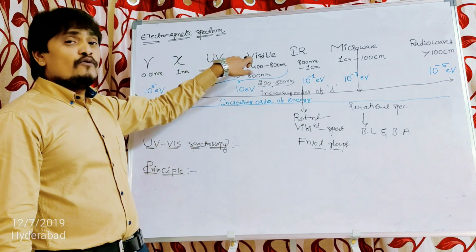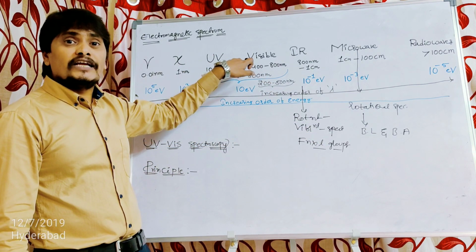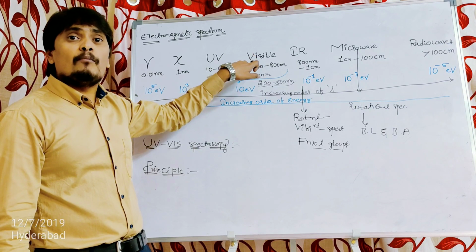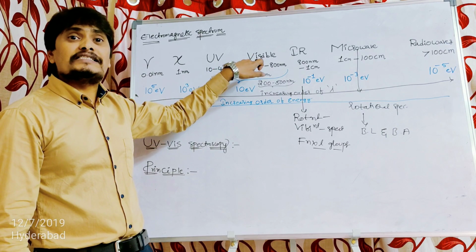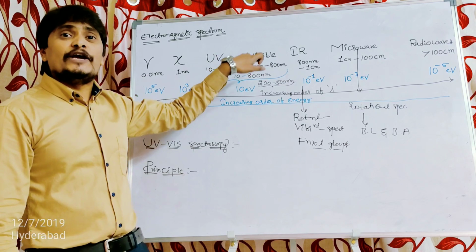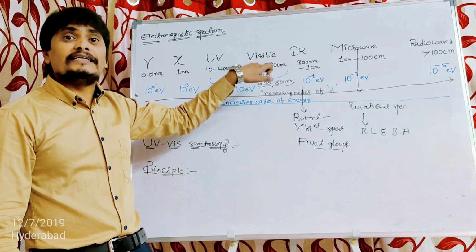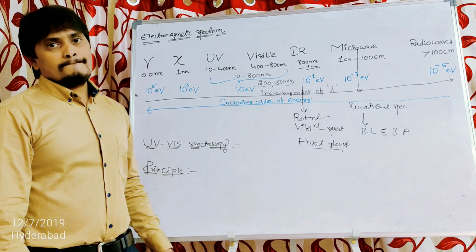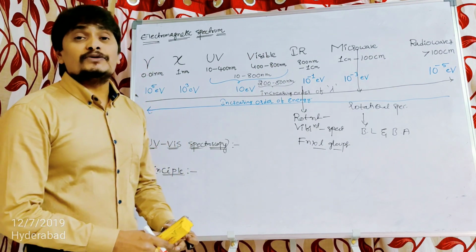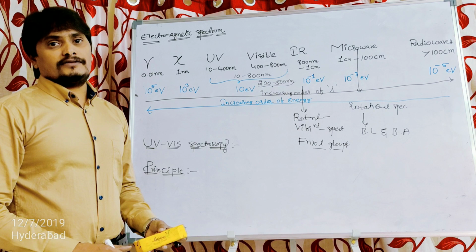Whereas UV visible spectroscopy will give the information about the number of double bonds present in the molecule. That is, it gives the information about unsaturation present in the molecule, students.